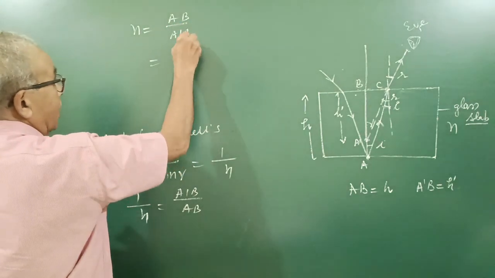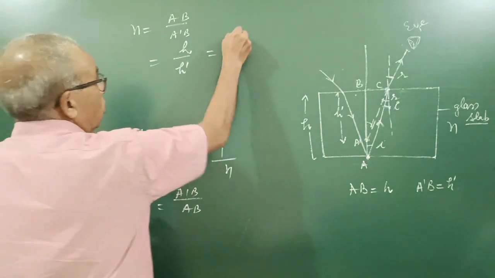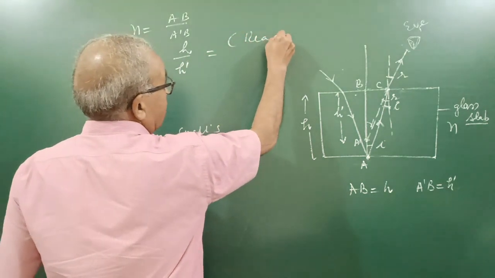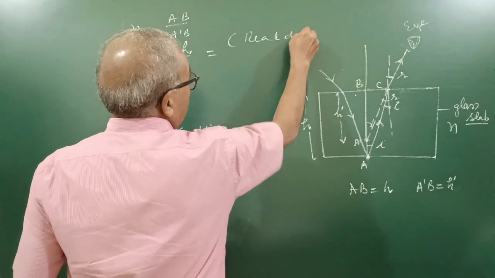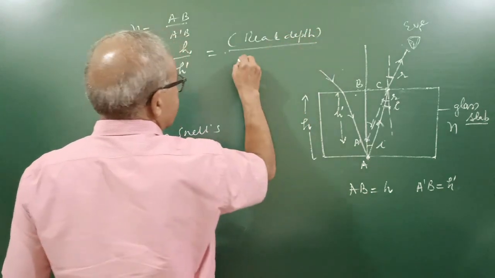Then you can say H upon H dash is equal to real depth upon apparent depth.